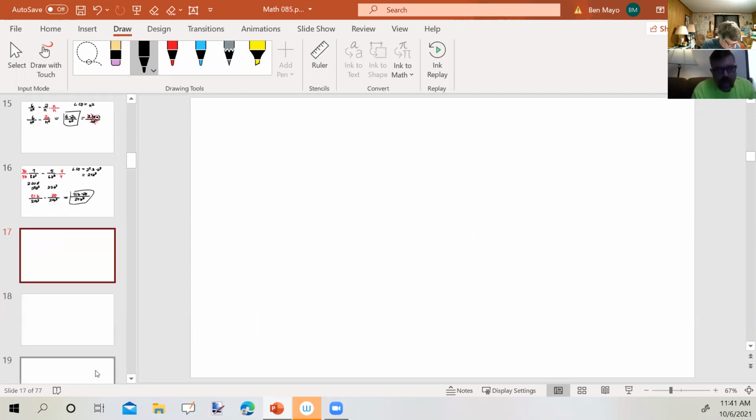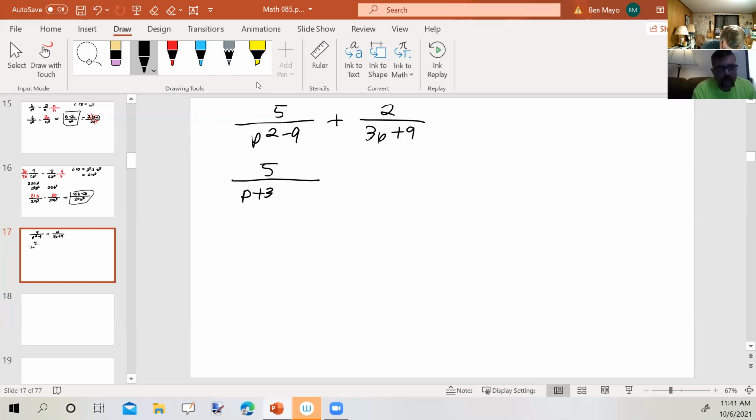Okay. 5 divided by p squared minus 9 plus 2 divided by 3p plus 9. To find the least common denominator, I'm going to factor each of the current denominators. P squared minus 9, let's see, I would have p plus 3, p minus 3. 3p plus 9, I'd factor out a 3 and have a p plus 3 left over.